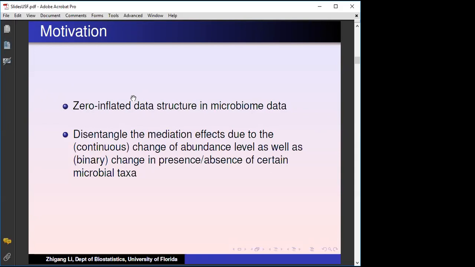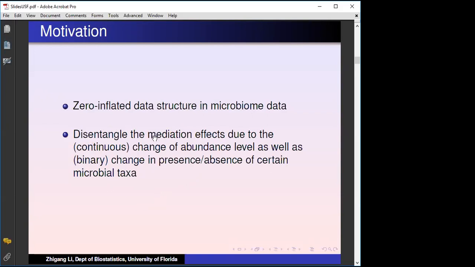And here, because of that, we are trying to incorporate the zero-inflated data structure in the mediation analysis. The zero value has a very important meaning for microbiome data, right? If you're missing a very important taxa, then you're more likely to get a related disease. So we're developing this method, trying to disentangle the mediation effect that could go through 2 routes.